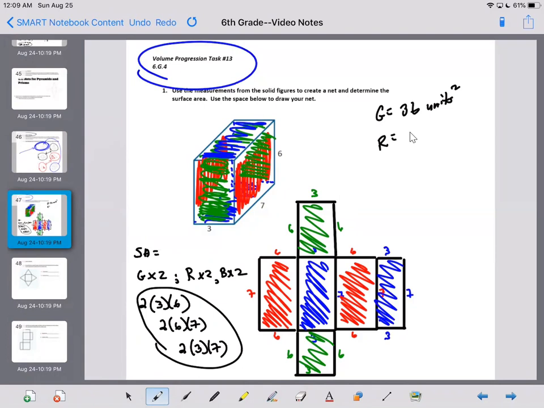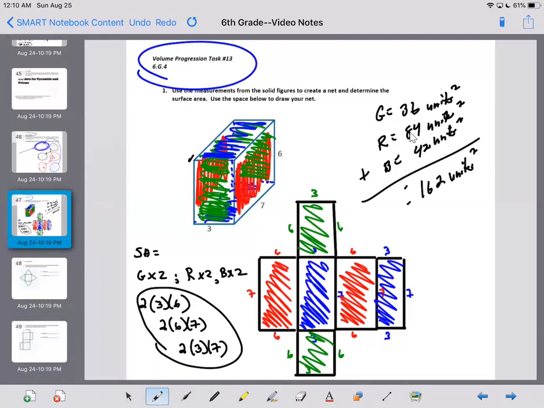So that's going to give me 84 square units. And then the blue is going to be a 3 by 7, and I've got to double that. So that's 21, double it, I'm going to get 42 square units. So like I said, I just need you to add all those up, and that should be 162 square units as the surface area.